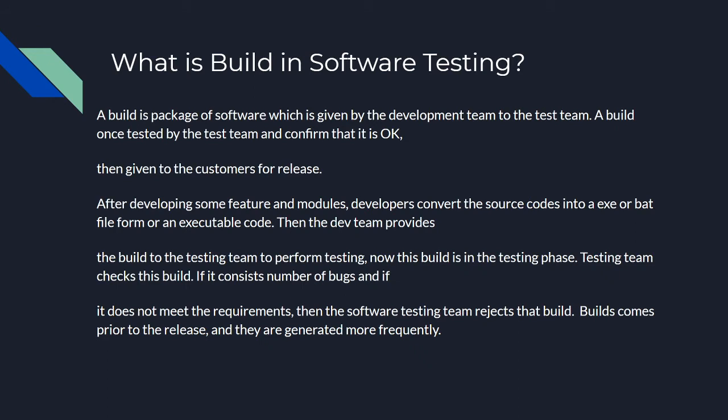So what is a build in software testing? How do we describe a build in software testing? A build is a package of software which is given by the development team to the testing team, so that the testing team can perform different kinds of testing, which includes functional, integration, system testing, as well as performance and security testing, to ensure that the particular build is okay and is ready for release purposes.